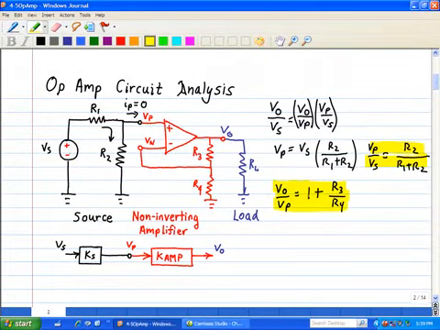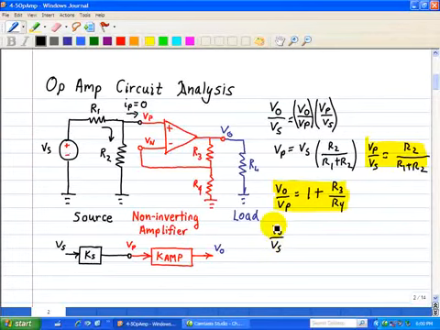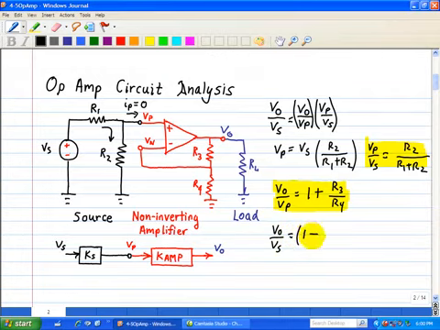Now, if you take these two expressions that I just highlighted and multiply them together, we get a relationship between the output voltage and the input voltage, or our source voltage here. In that case, we have VO over Vs. So we have a ratio of VO over VP that's governed by 1 plus R3 over R4.